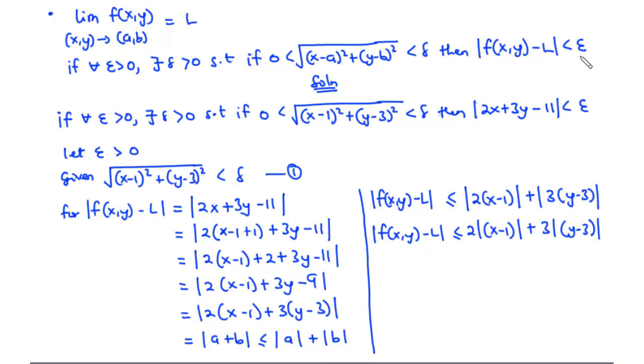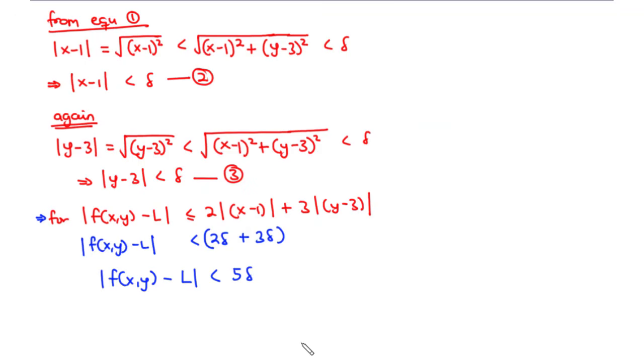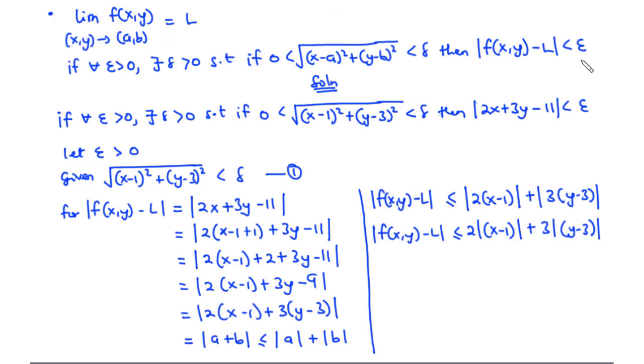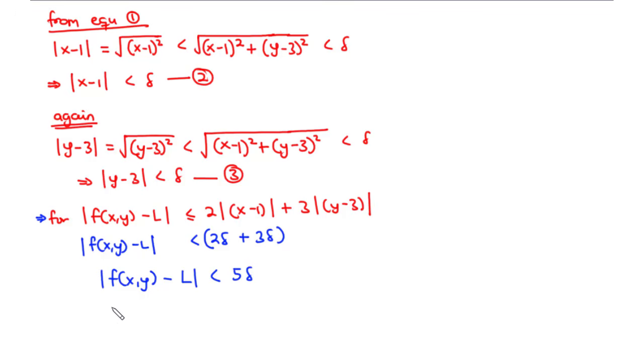Therefore, we can establish a relationship between epsilon and delta, because the left hand side is the same, and so the right hand side we can say is also the same. Therefore, epsilon is equal to 5 times delta. Now in that case, since we want to find delta, we divide through by 5, and then we have delta equal to epsilon divided by 5.